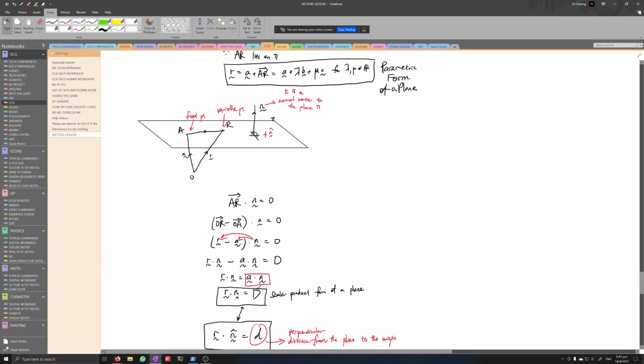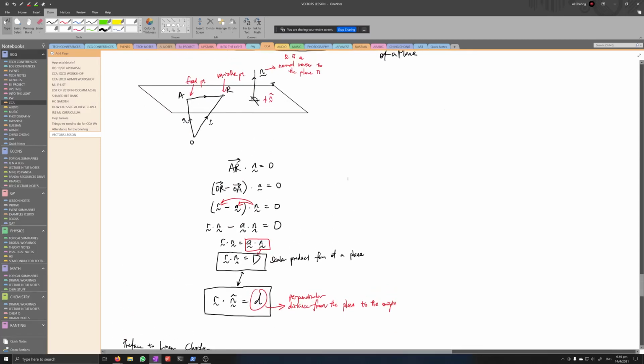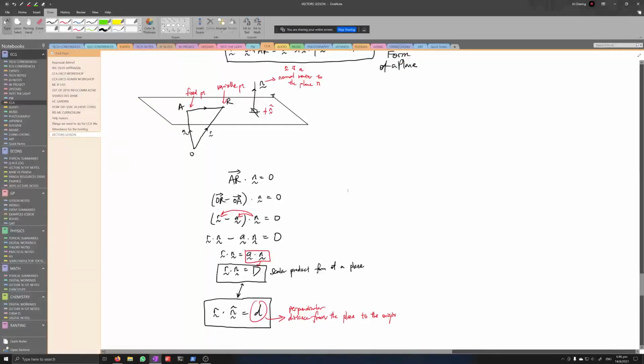Next, we try to find the scalar product form of a vector plane by looking at it in terms of the scalar product, where we are essentially trying to find a collection of all possible arrows, where when we dot it to the normal, we project them onto the normal. Then we are trying to enforce the same distance.